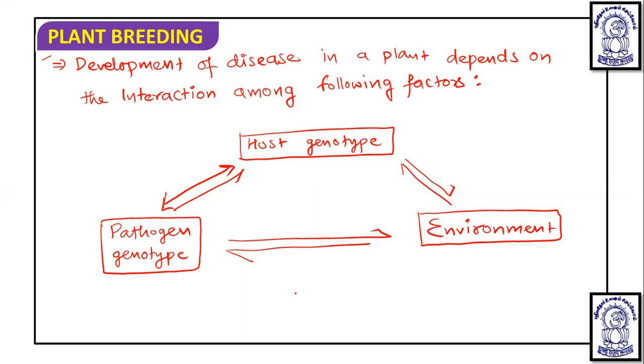Now, if we take a host plant, a particular pathogen, and an environment, and if we modify the pathogen and gain disease resistance, it will be only for a short period of time, because the genotype of the pathogen will be modified and the plant will again be susceptible to infection. The environment also we can't control. So a change in host genotype is more preferred to gain long-term disease resistance.